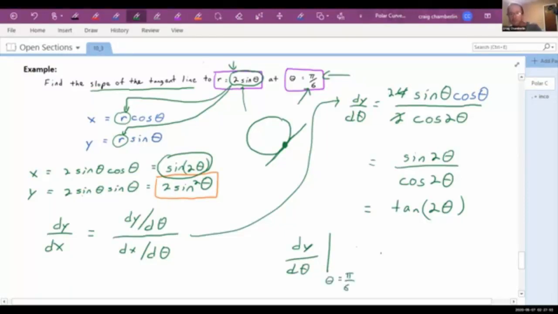And so if you plug in pi over 6, you actually get tangent of pi thirds, don't you? 2 times pi over 6. And that's tangent of 60 degrees, which turns out to be root 3. That is our slope that we're looking for. Any questions on that?